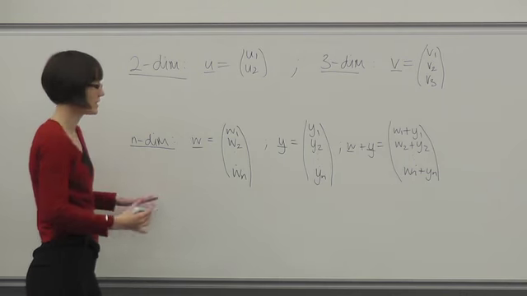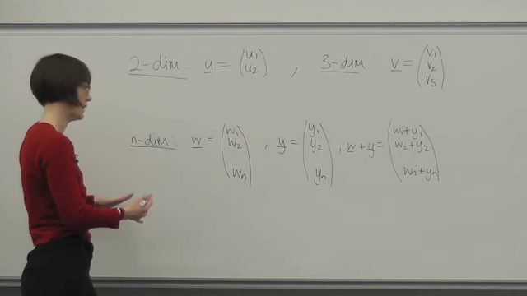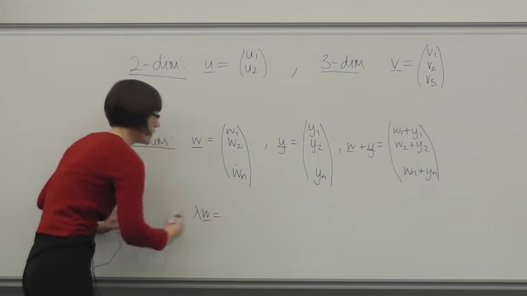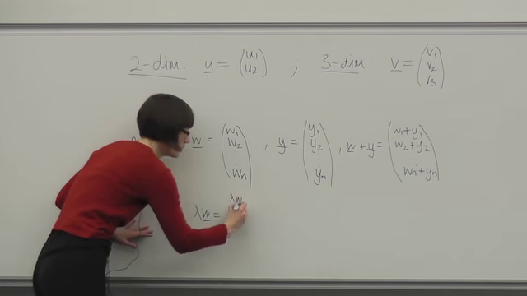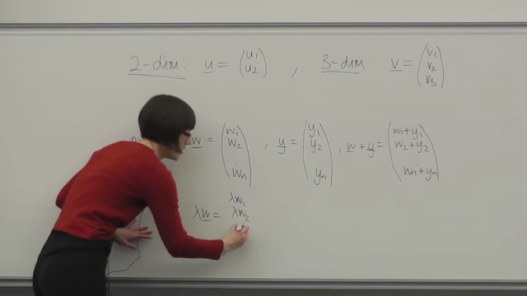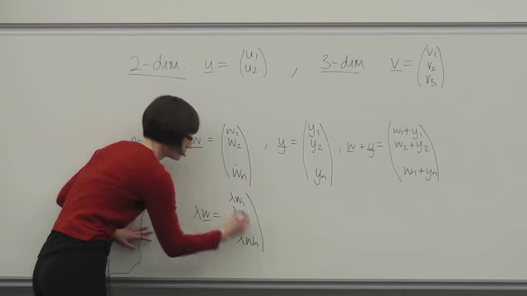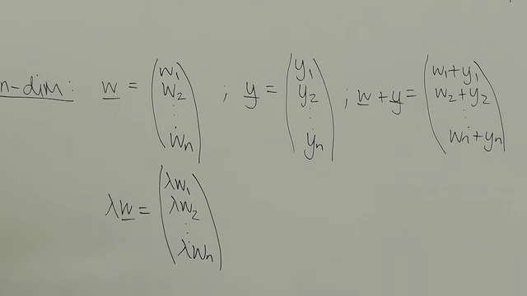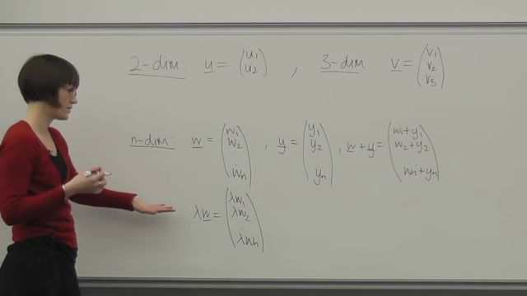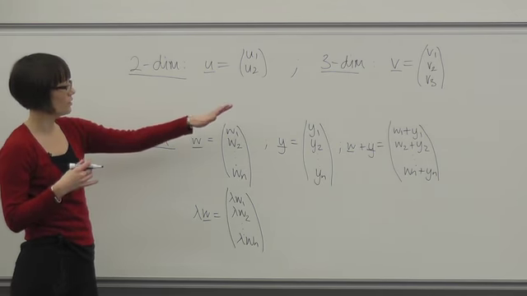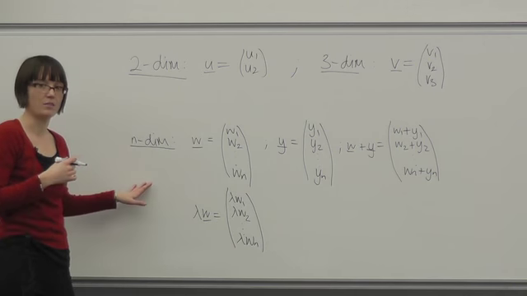And similarly, if I have a scalar lambda, so just some number lambda, then lambda times w will be defined to be lambda w1, lambda w2, and so on, all the way down to lambda wn. So still looking just algebraically, the component-wise definition of vector addition and of scalar multiplication generalise in a very natural way from the 2- and 3-dimensional case to the n-dimensional case.